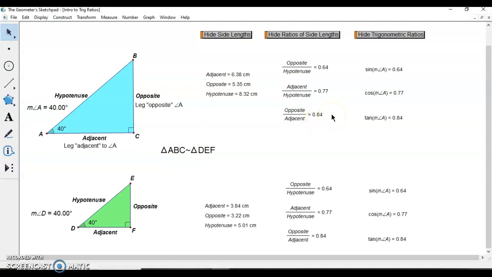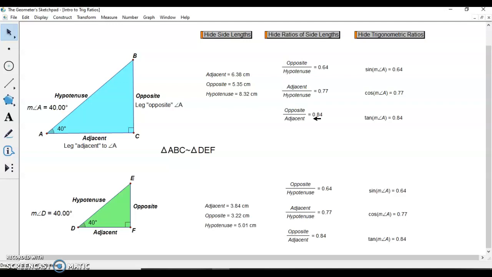So what this shows you is the definition of what all these trigonometric ratios are. Sine is simply the opposite leg divided by the hypotenuse. Cosine is simply the adjacent divided by the hypotenuse. And tangent is simply the opposite divided by the adjacent. So here's what I know.